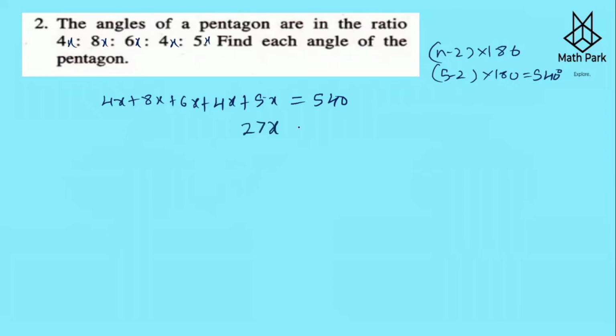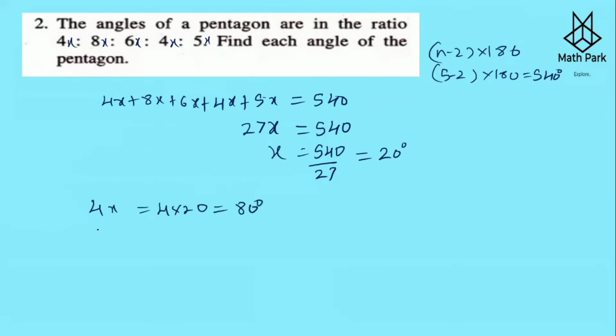So we get 27x is equal to 540 degrees, and x is equal to 540 divided by 27, which is 20 degrees. Now find each angle. The first angle is 4x, that is 4 times 20, which is 80 degrees.